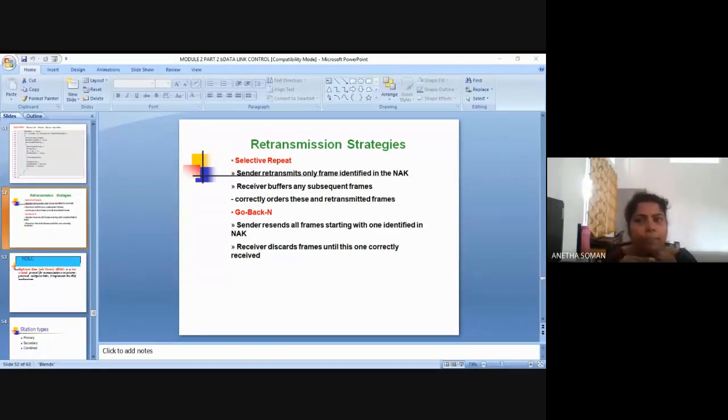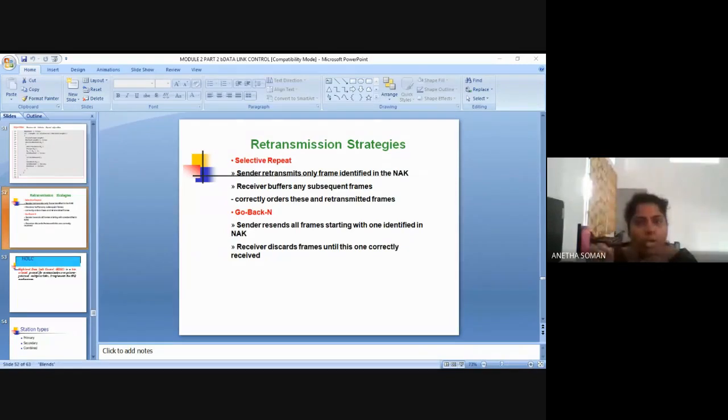It has functions like framing, flow control and error control mechanisms. You have studied the framing concept, two different types of framing, fixed as well as variable. And flow control you can have two categories: one is stop and wait and the other one is the sliding window protocol.